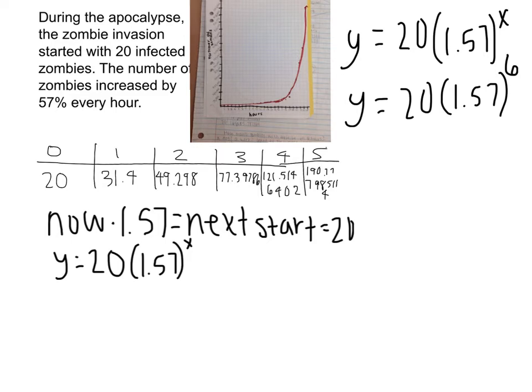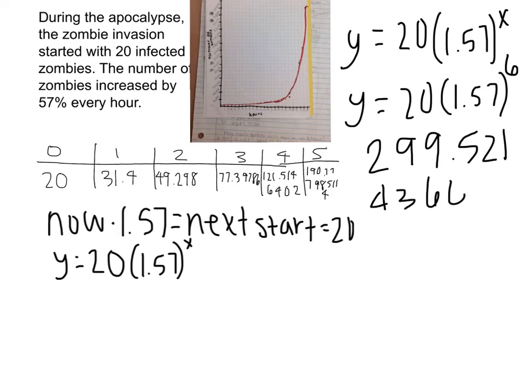So 20 times 1.57 raised to the 6th power is 299.5214366. Now we know that this is a person, so we cannot leave it as a decimal. So the answer would be 300 zombies.